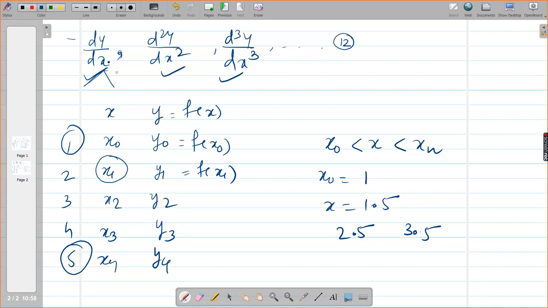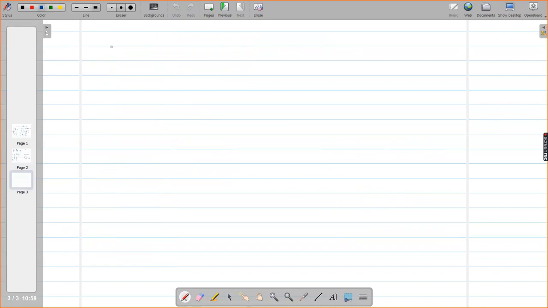And this we have to do using both forward and backward interpolation. So 6 formulae for forward interpolation and 6 for backward interpolation. Do you understand it?